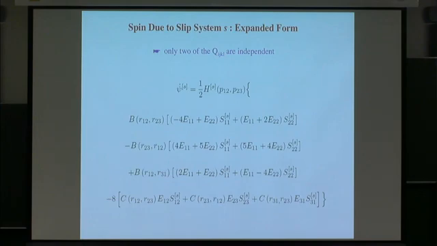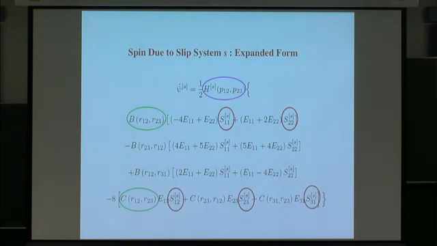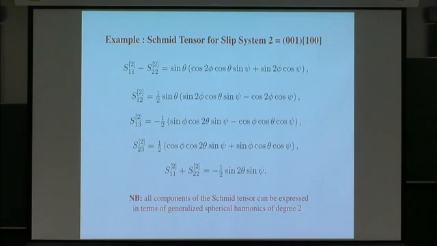So the pieces I'm going to show you now in more detail are these ones circled in color. Let's start with the red. That's, remember, the Schmidt tensor, which carries the information about the orientation dependence of the slip. So here's an example: the Schmidt tensor for slip system 2 of the 3.